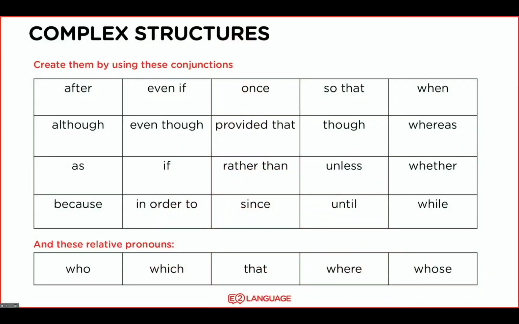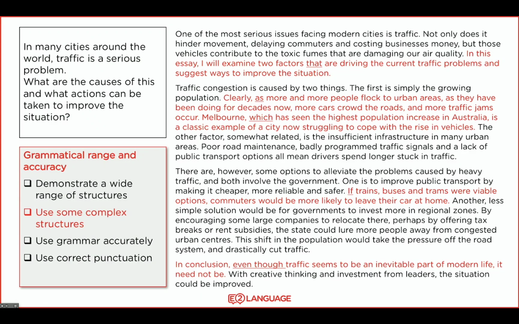You can also use relative pronouns like who, which, that, where, and whose. Put simply, the IELTS writing examiners like these sentence types within your essay. If we look closely at this essay here, you can see the variety of complex sentences that I've used.